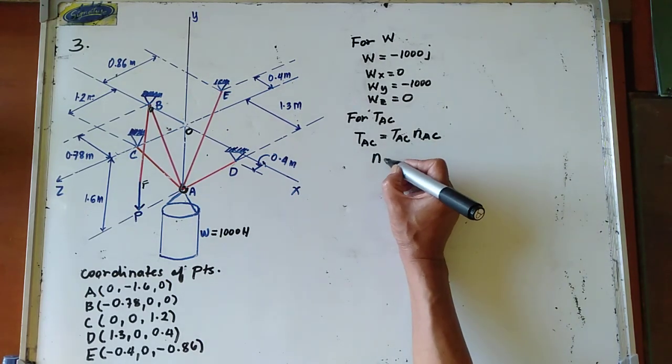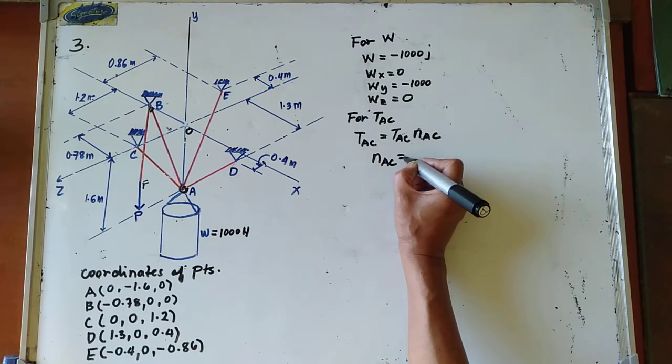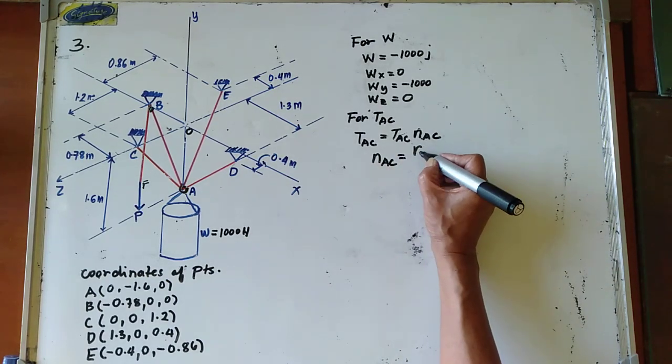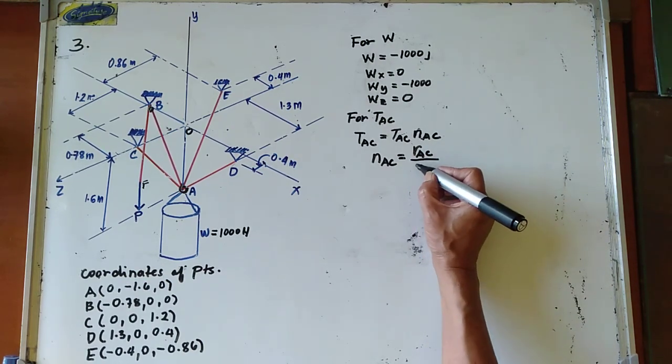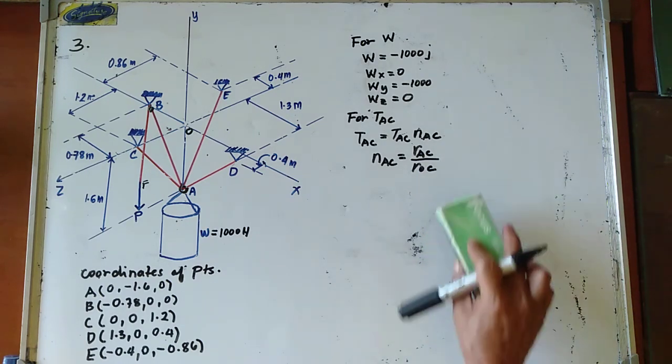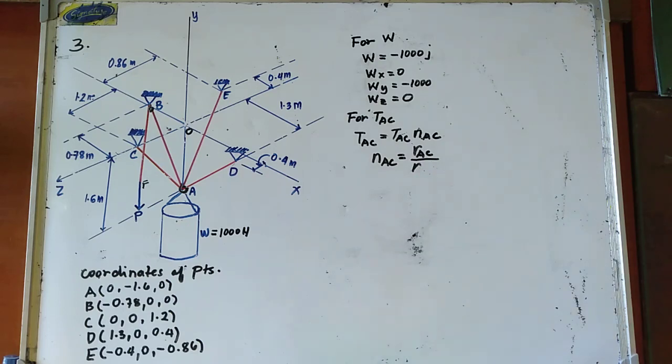So we have again your unit vector. Let us introduce a position vector AC and determine the magnitude of this position vector.